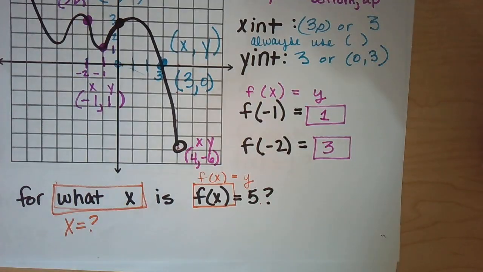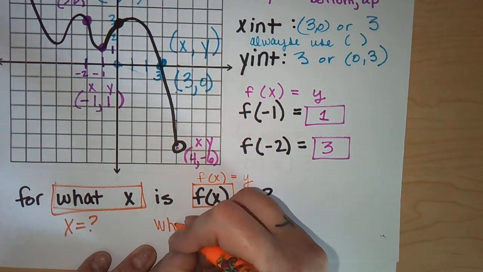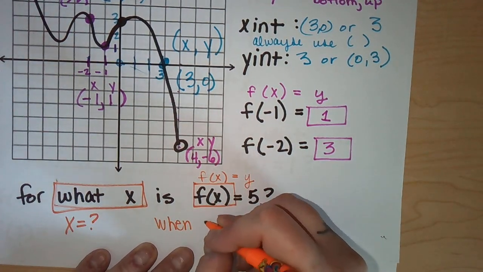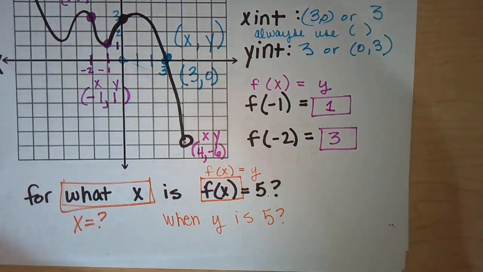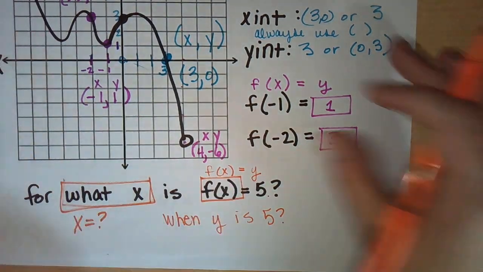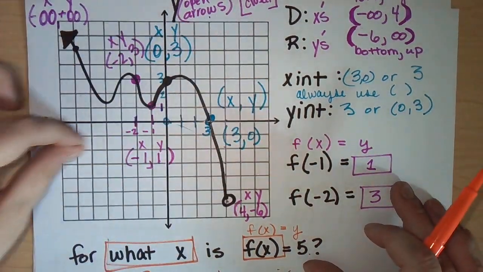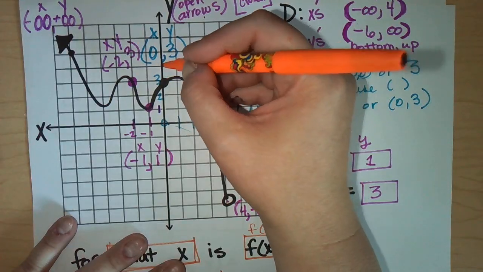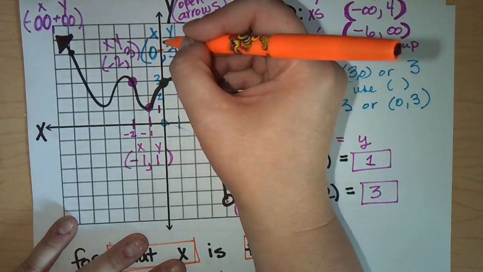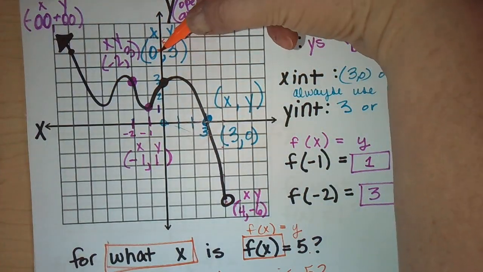So it's saying, what is your x when you got a y of 5? Well, let's look. They gave us a y of 5, so we got to go to 5 on the y, not the side to side, the up and down. So let's go up to that 5, 3, 4, 5. Here's 5. Okay. And it's asking, what is the x?